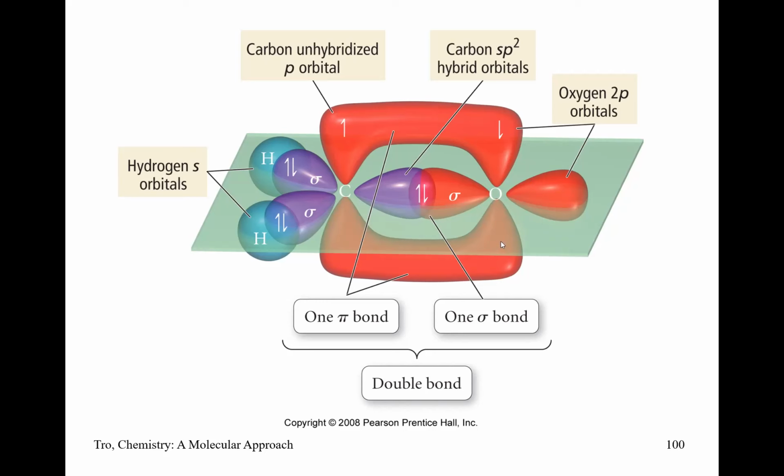What's not drawn in here on the oxygen is the lone pairs, and that's fine because the critical thing we're talking about, it would just be where these purple ones are. But the critical thing is that it's the p orbitals that aren't being used. So one sigma from the sp2s that are overlapping, and then the p that's left out forms the pi bond, and together a sigma and a pi, what we get and how we describe that is a double bond.